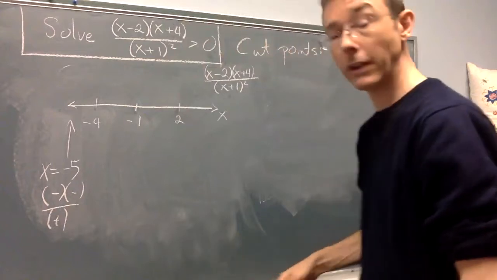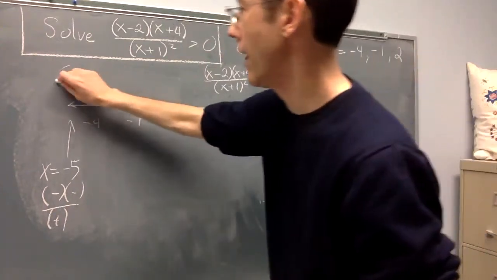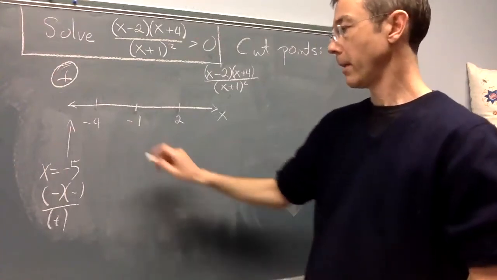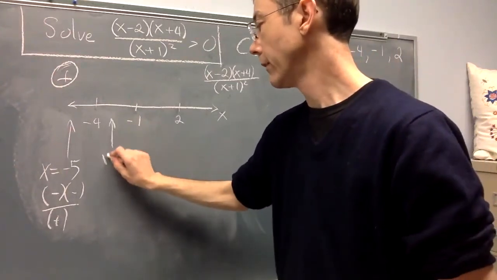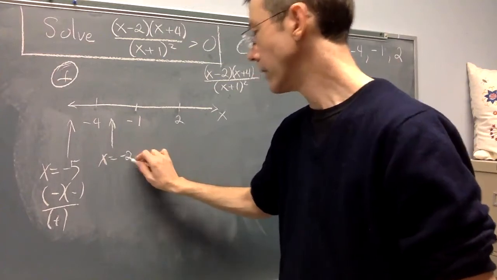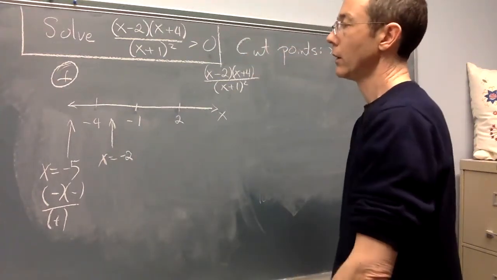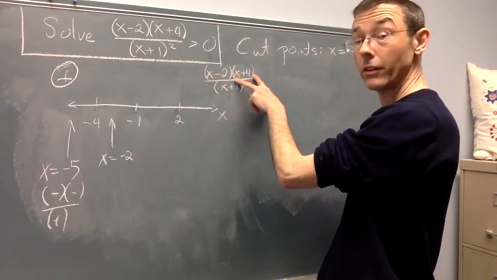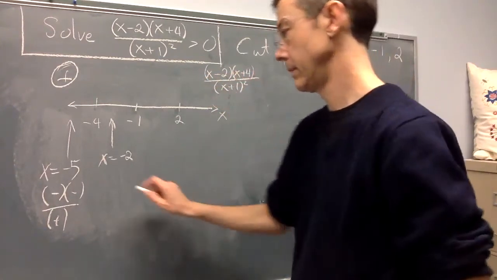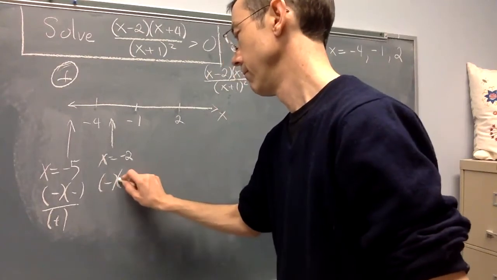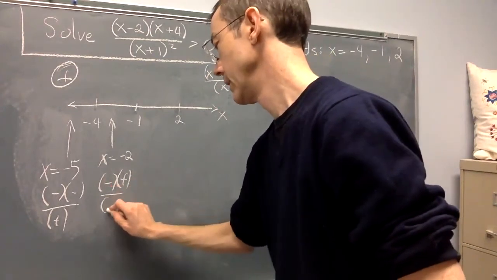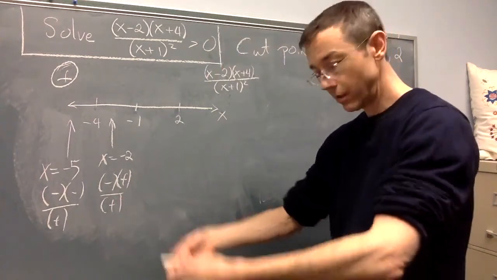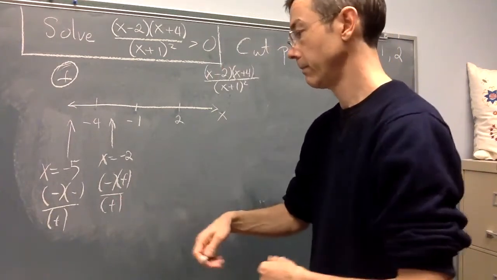So negative times a negative over a positive, that's positive. Great. Moving on. Let's look at x equals -2. When x is -2, negative, positive, positive. Negative times a positive is negative, divided by a positive is still negative.